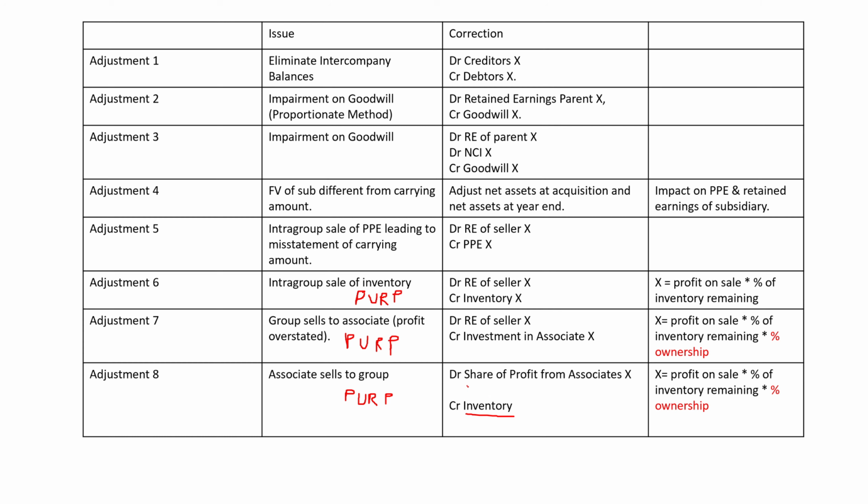And share of profits is the same as retained earnings of parent.